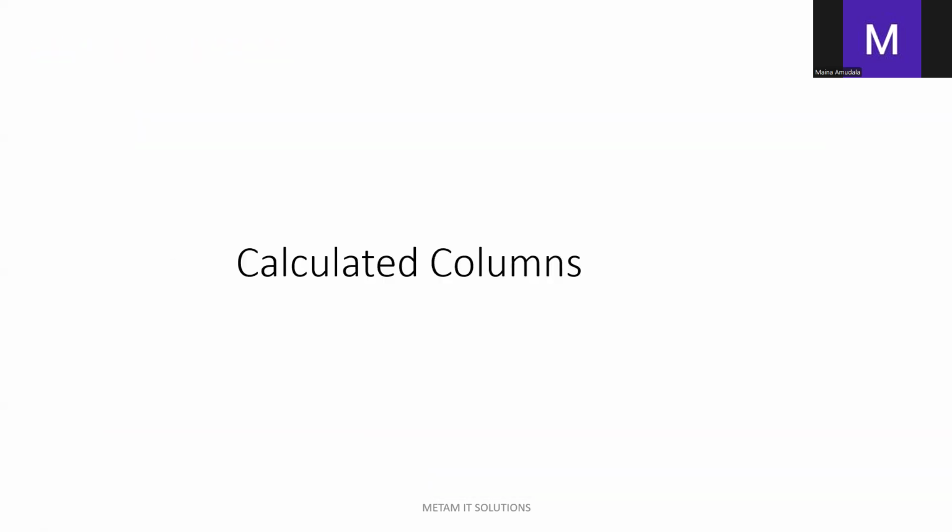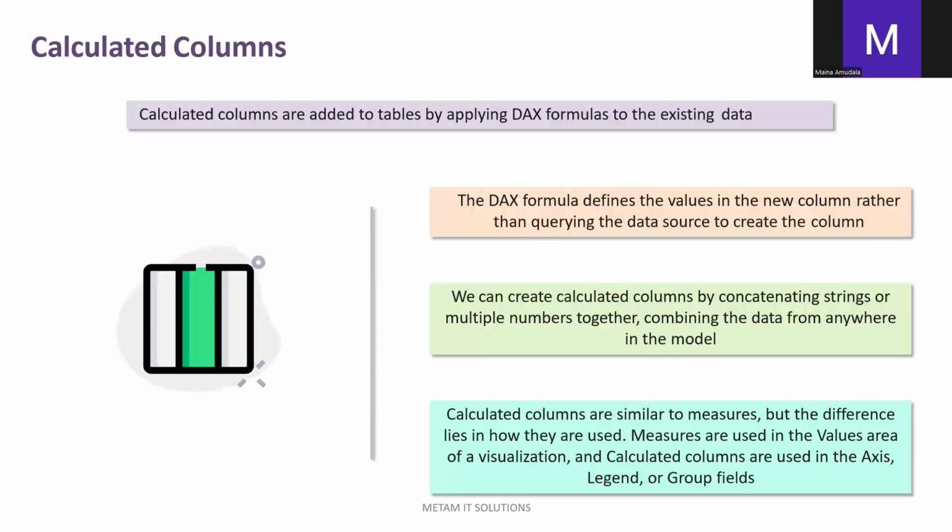The next one is calculated columns. Calculated columns are added to tables by applying DAX formulas to the existing data. Whatever data we have already imported into Power BI Desktop, for that existing data you can add different columns by applying DAX formulas, and those are calculated columns.